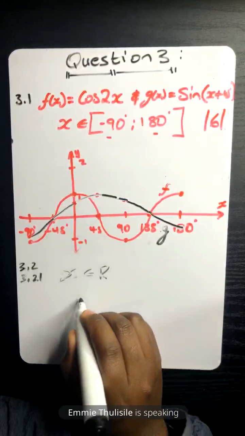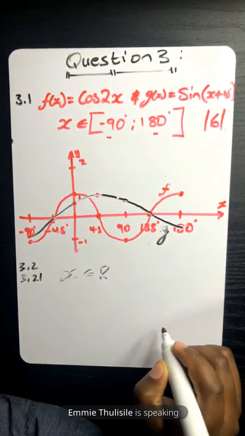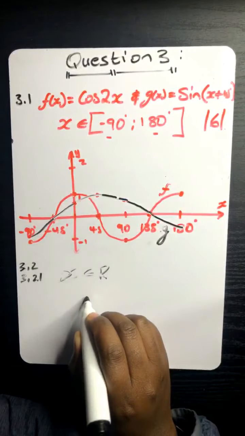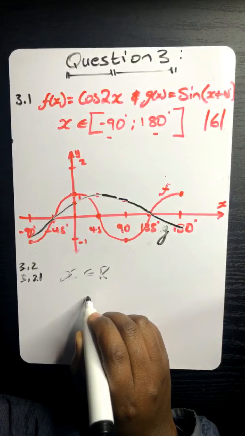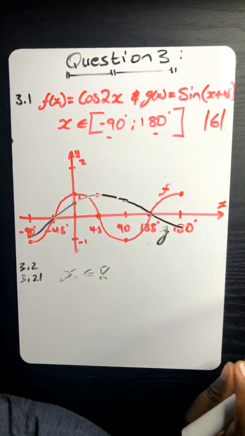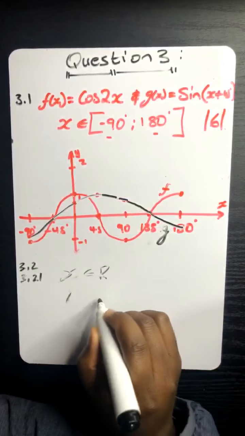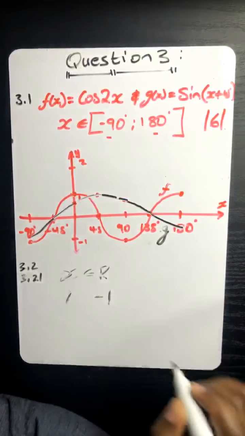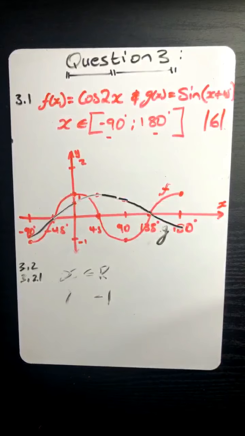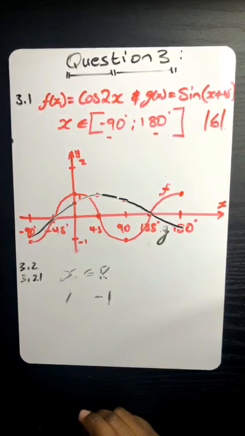I can't explain, but my answer is. Okay. We also have 1 and -1. Another try. Another one to give it a try.